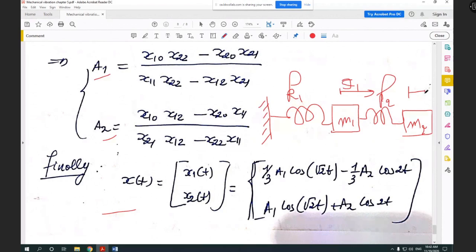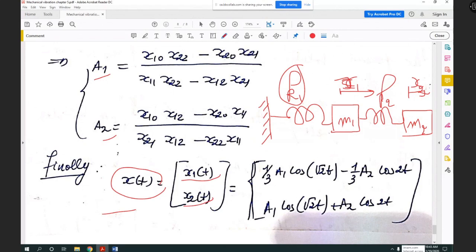x1 and x2 are the positions of the mass M1 and the mass M2. Of course, if we take some numerical values for K1 and K2, M1, and in our example, definitively what we obtain in the end is a position vector. What does the position vector mean? It contains the instantaneous position of the mass M1 and the mass M2.